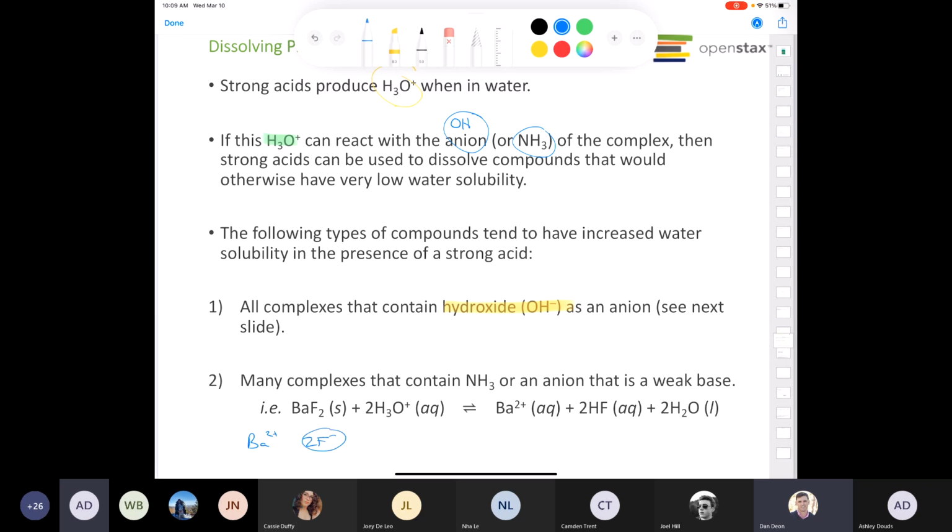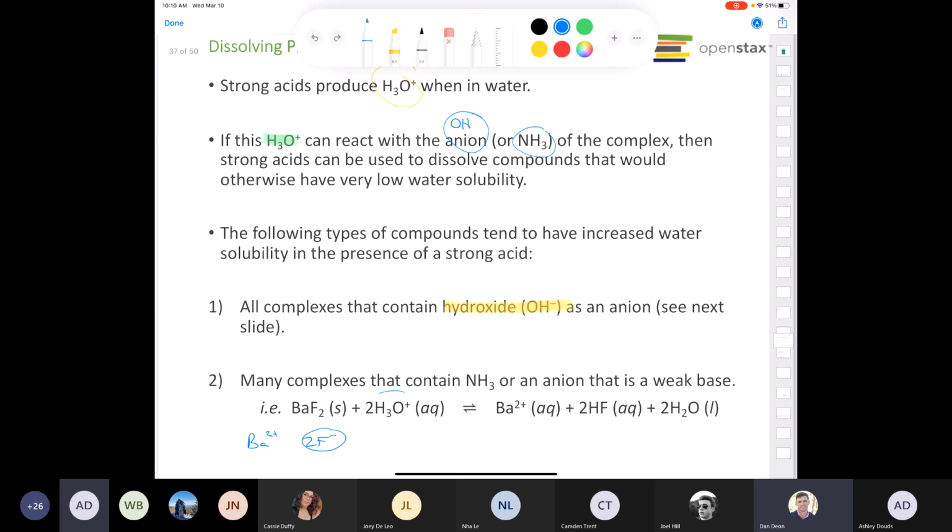Well, fluoride is a weak base. How do I know it's a weak base? It's not a strong base. It's not hydroxide. It's not one of the strong bases that we looked at. It's the conjugate base of a weak acid. So that means that the acid is going to react with the fluoride to make HF.